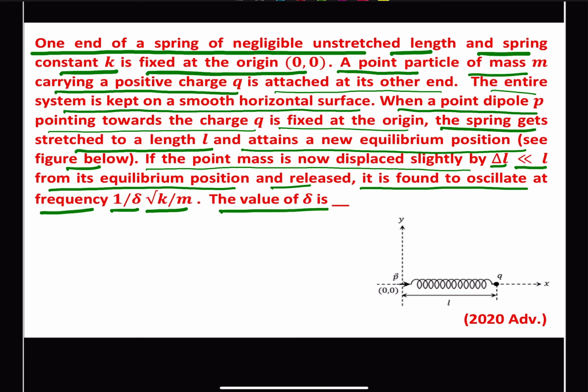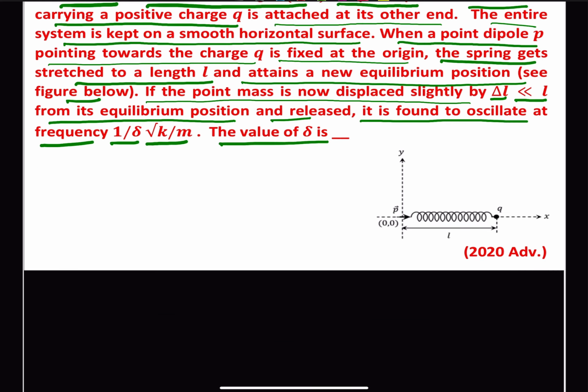Basic figure is given to us, and we are given a spring whose stretched length is L. And the dipole is placed at the origin pointing toward the charge Q, which is placed at the other end. We have to keep in mind that it is in equilibrium.